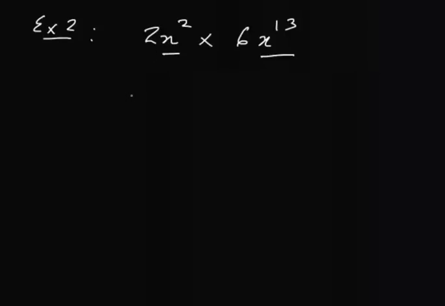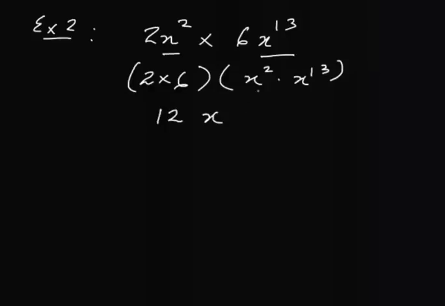The 2 and the 6 are simply taken care of as usual. We say 6 times 2, and we can deal with the exponential terms separately. In this instance, 2 times 6 is 12, and we have the base x.